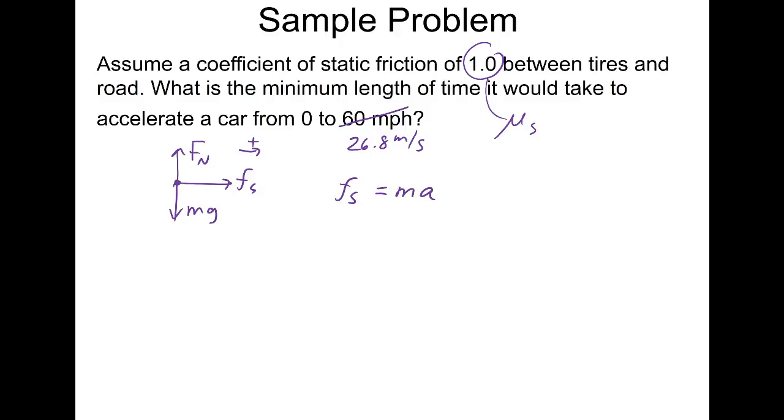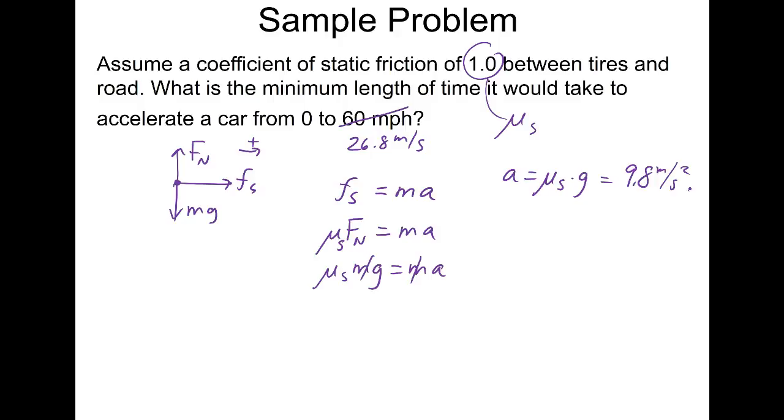Okay? And so what we can do here is we can plug in mu s F normal is equal to ma, and in this case the normal force is just equal to mg. So the acceleration is mu times 9.8, which is just 9.8.